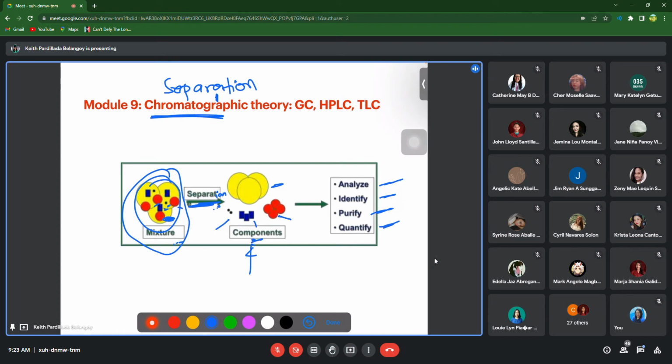However, if you want to proceed to analysis, identification, purity, and quantification, naa pa siyay laing instrument nga pwede nimo isumpay sa chromatography. I hope that's clear. So only separation is happening here. And if you want to proceed to another analysis, identification, etc., idugang nimo sa chromatography.